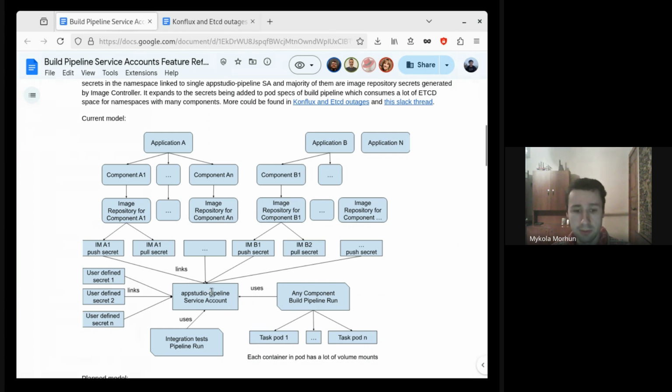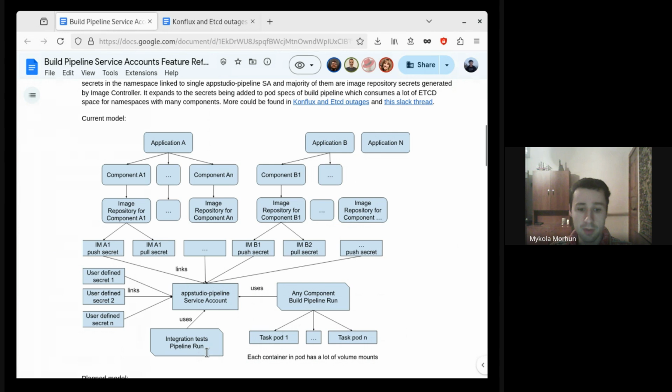If you look across many namespaces, you would see that the majority of linked secrets are push secrets from image repositories. And that in turn expands pod definitions to a huge amount of text, which makes a heavy load on etcd, and that causes outages. So that's the problem we have today with the current model.